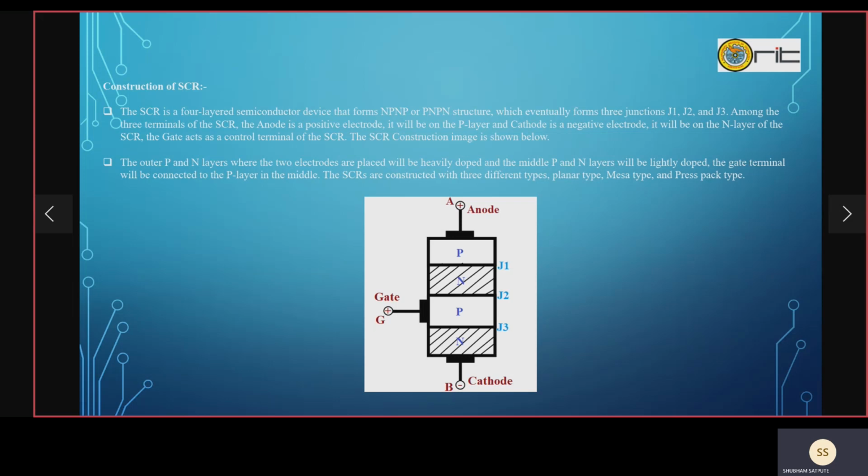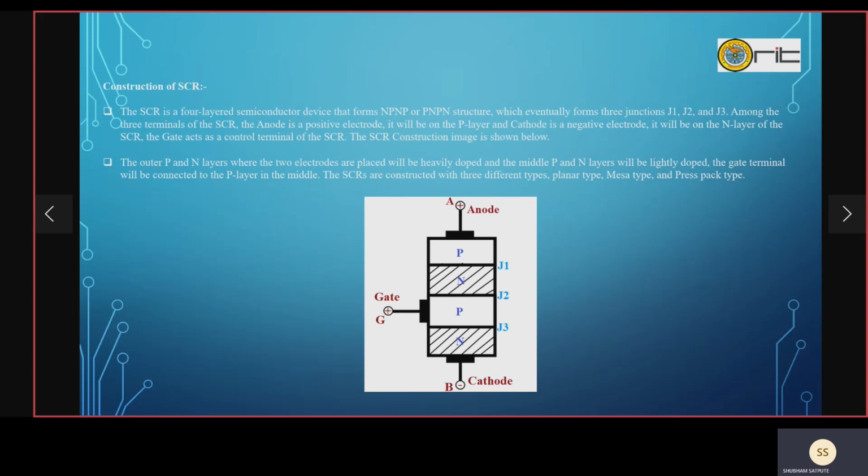The anode is the positive electrode. It will be on the P layer, and the cathode is the negative electrode. It will be on the N layer of the SCR. The gate acts as the control terminal of the SCR, and the construction image is shown below.